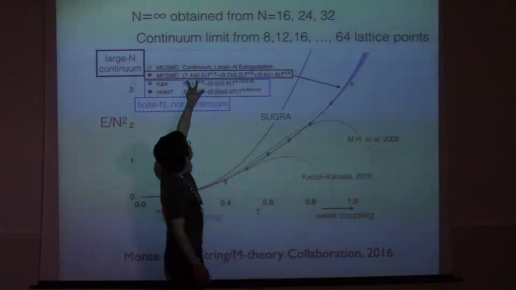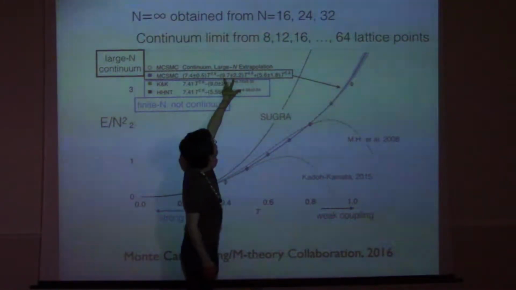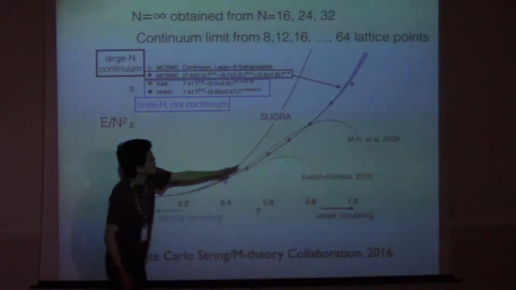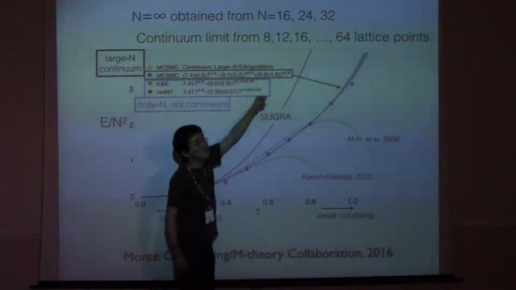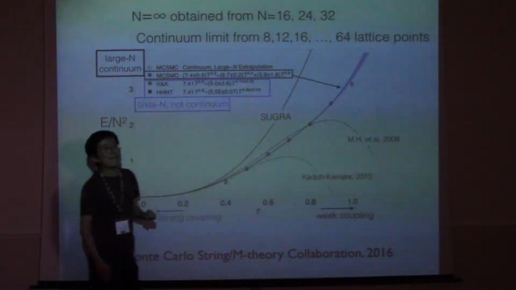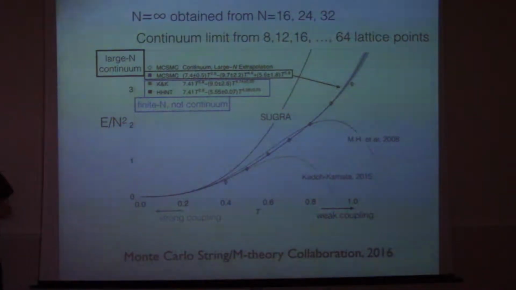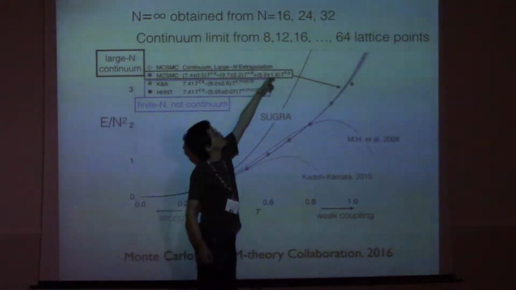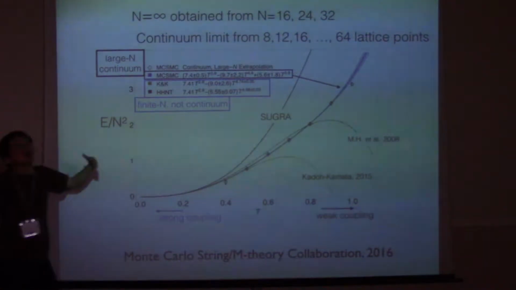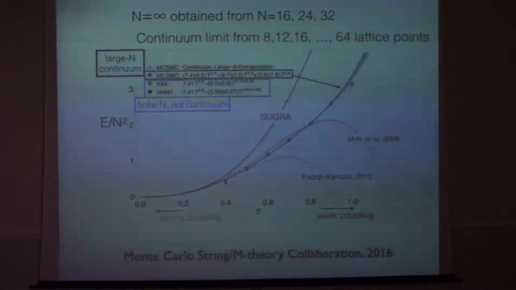And if we, for example, use 3 parameters to fit this data, fixing this power, we can actually get 7.4. We can actually reproduce a result of supergravity. And if we change this power to something else, actually we cannot really fit the data clearly. So in that sense, this result strongly suggests that the alpha prime fraction is also reproduced correctly by gauge theory.